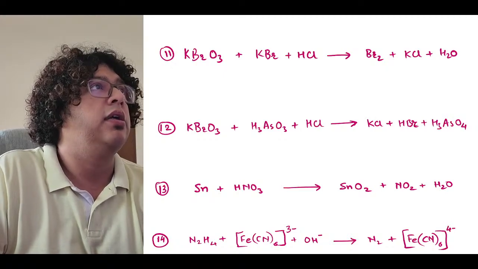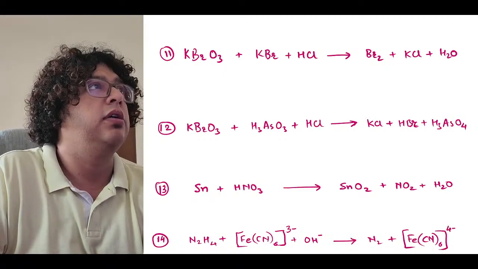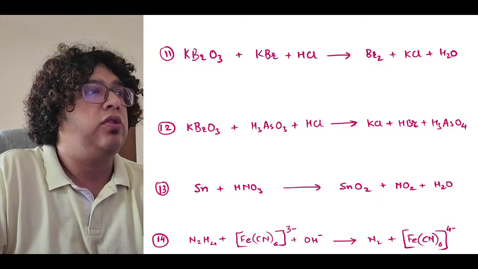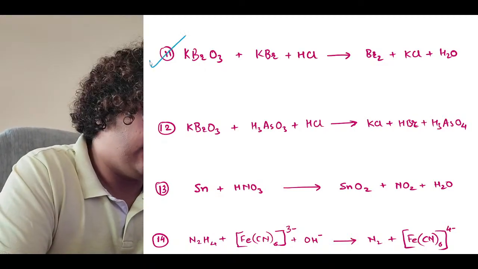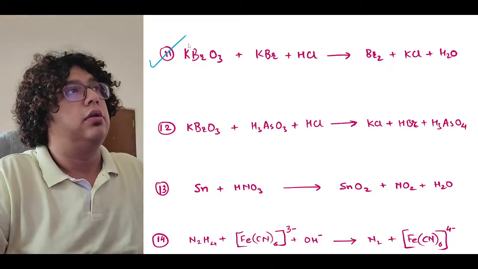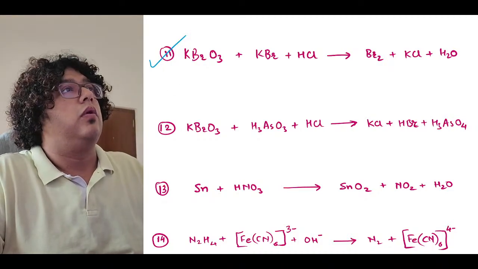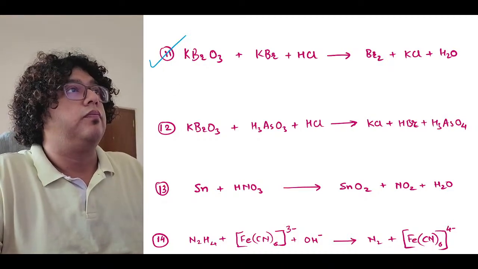Aditi, Amrita, Anaga, Anirudh, Chinmay, Dhirati, Diya. Everyone who is done with question number 11, KBrO3, the first question, raise your hand. All the three Pranavs are done, right?